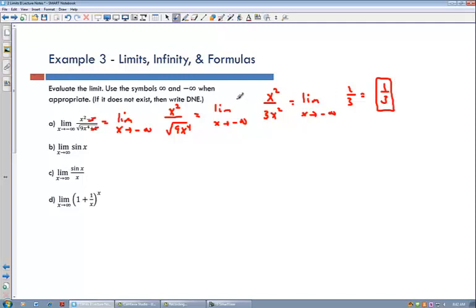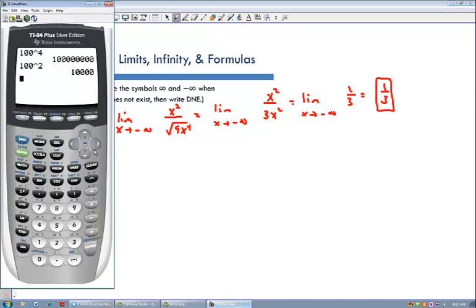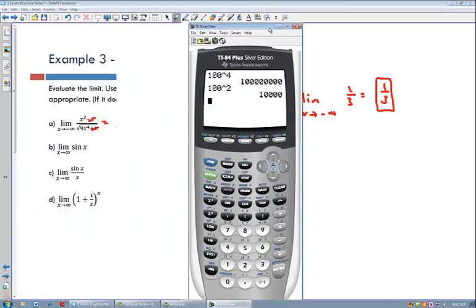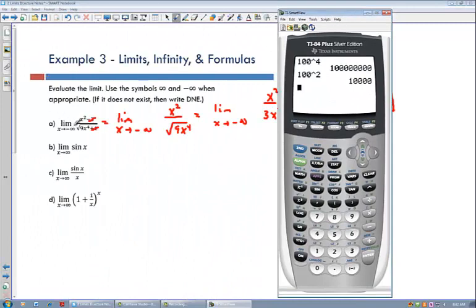I should mention that you can always check your work on these by plugging in a point close to where x is approaching. So like if x goes to negative infinity, maybe I'll plug in, I don't know, negative 1,000. So negative 1,000, and I'm going to square it, so raised to the 2, and then take away 3 in parentheses.